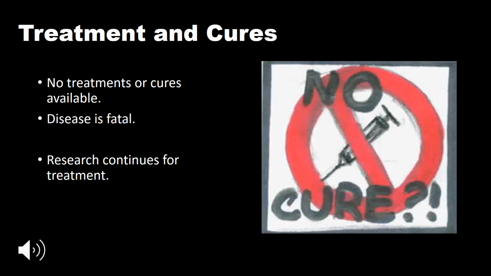So what does that mean in terms of treatment and cures? Well, for the time being, it doesn't seem like there are going to be any treatments or cures available because this disease is fatal. Yeah, that's kind of a bummer. But this goes back to how I was trying to classify this disease: it's really an abnormal protein, so the body doesn't think of it as something that's bad.